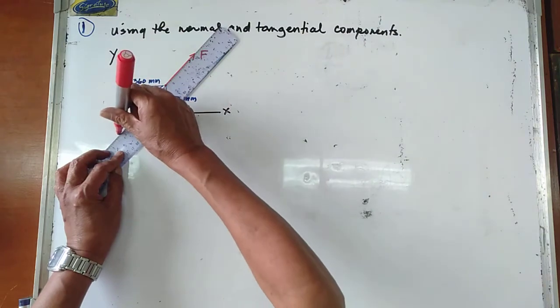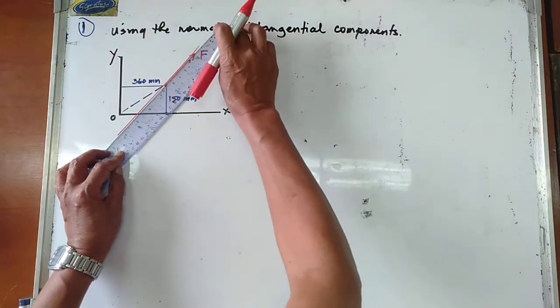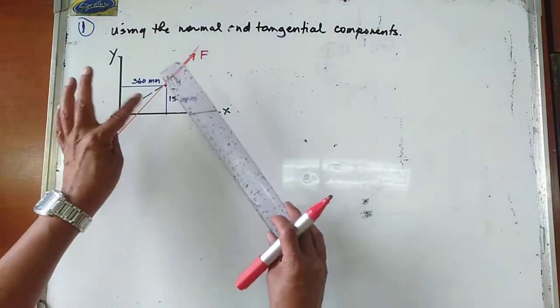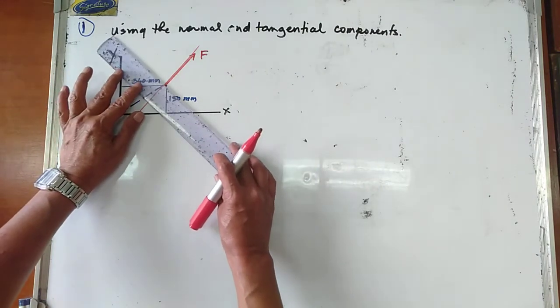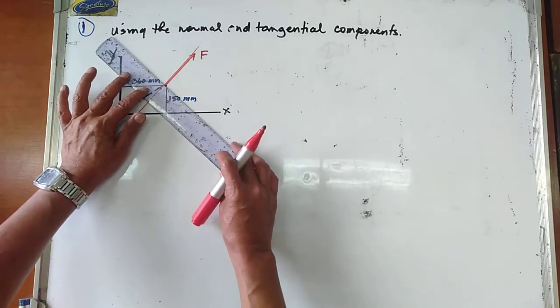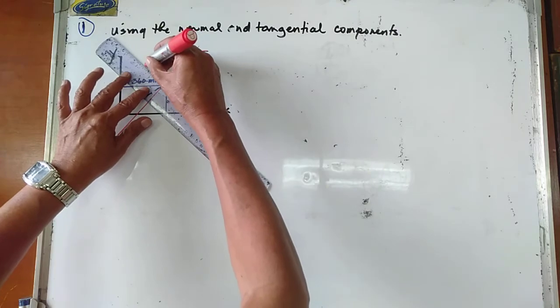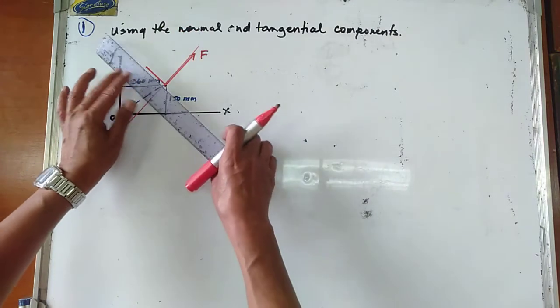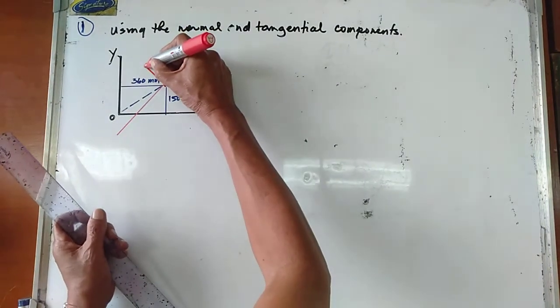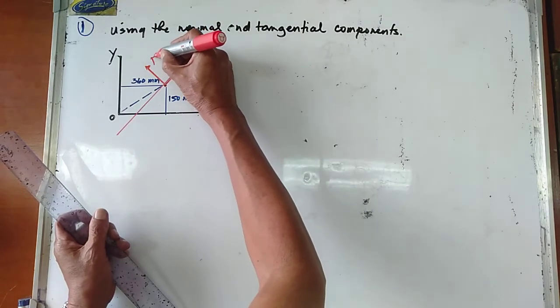So this is now the line of action of the force F. And perpendicular to the line of action of this force F is known as your normal component. And this is therefore your Fn.